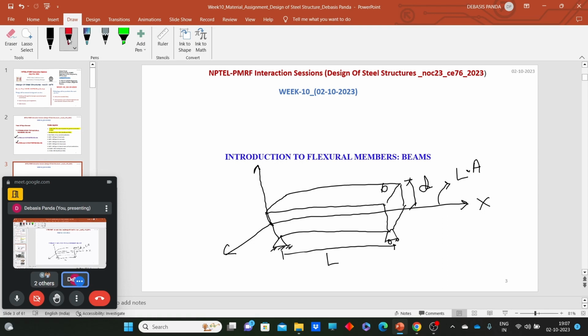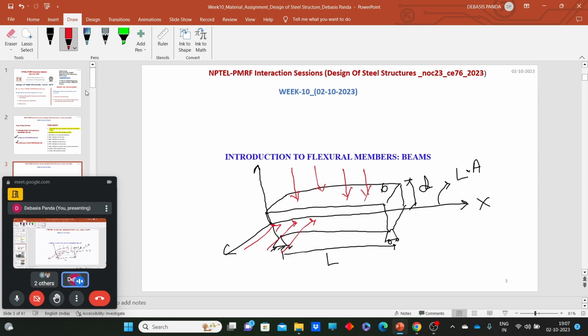That means the load may come from the transverse direction, positive or negative in this direction, or from this direction also. So what happens if this beam is subjected to one-directional transverse loading? The beam will undergo bending, right?